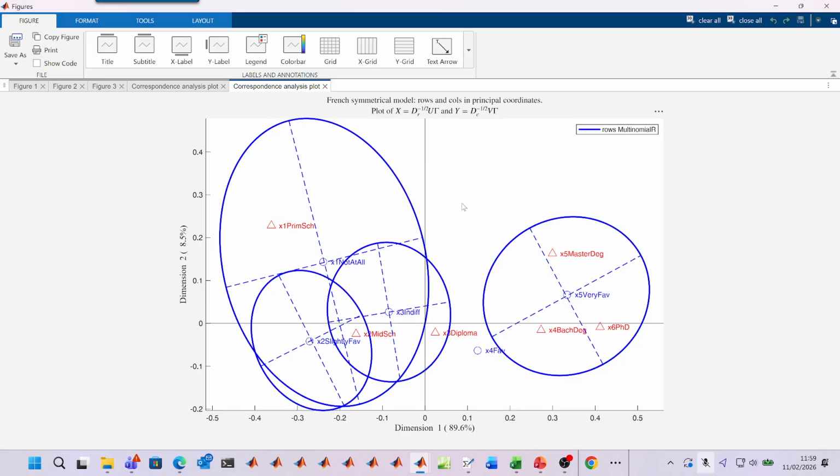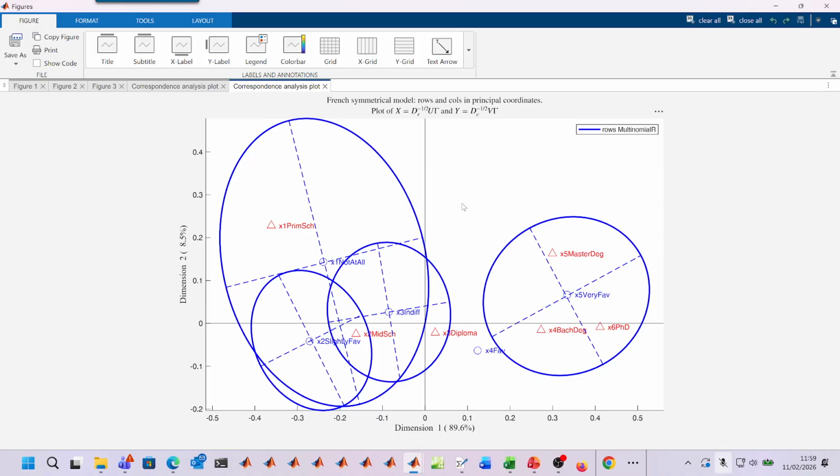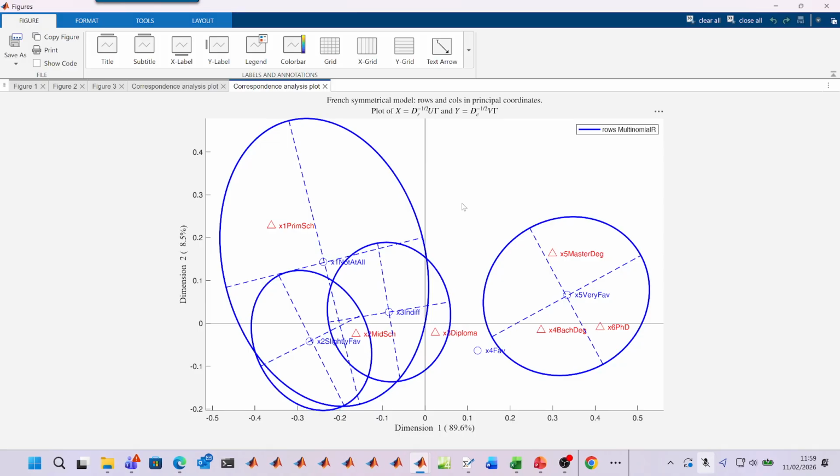So because you have a 90% uncertainty, where this is a sample, this is not the universe. So this is just a realization. But you want to have an inferential way, and you see that very favorable includes this bachelor, PhD, and master. On the other hand, not at all.